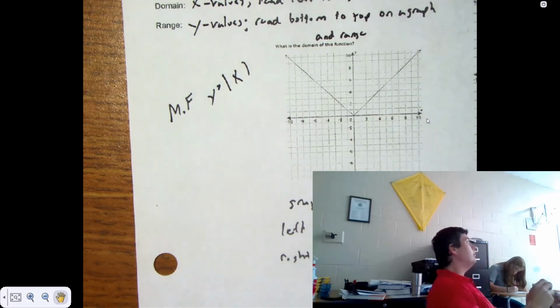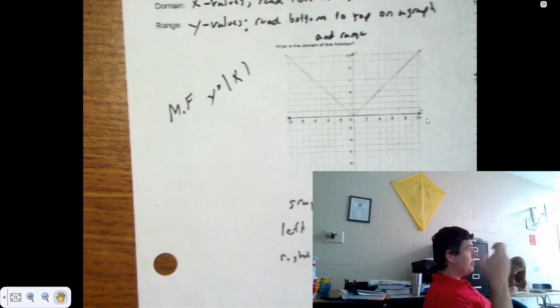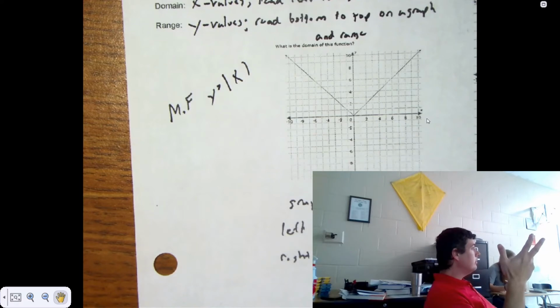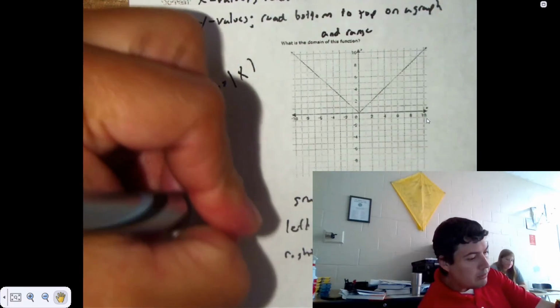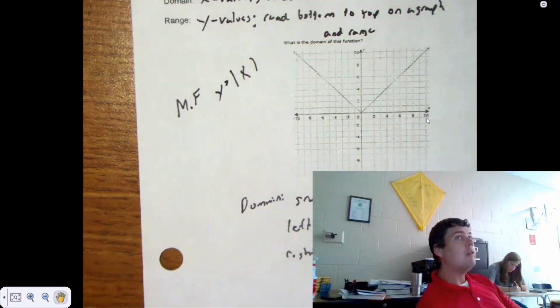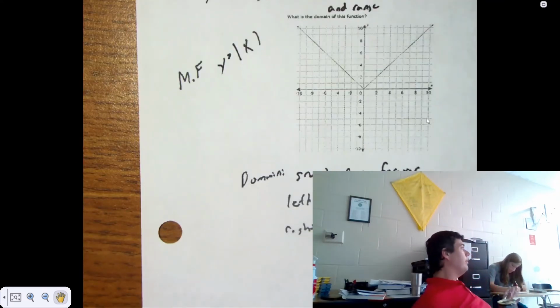Is there a single value of X that this graph doesn't touch? Anna says no, it's everything. We're not worried about range; I'm actually talking about the domain first. Think of the biggest number you can think of.